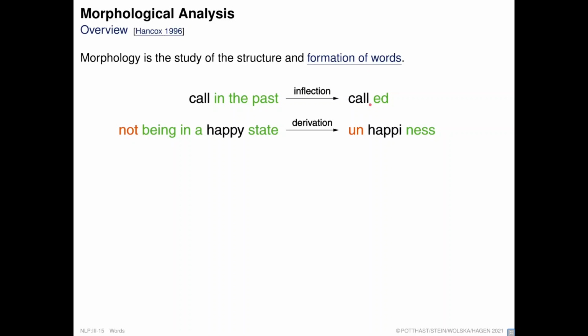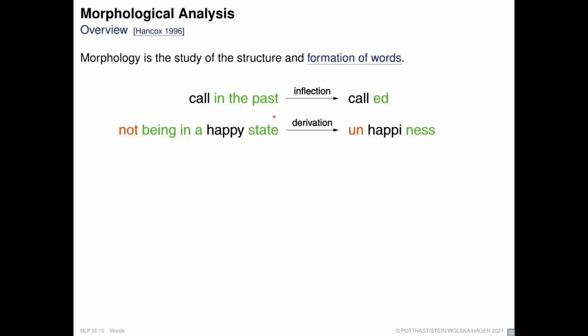It consists of what we will later call the stem or root, which carries the main meaning of the word, in this case of calling, and it obtained this inflectional affix, ed, that denotes past tense. So our past tense form of the word call is called, which consists of two elements.